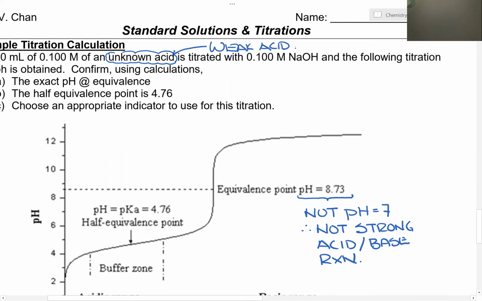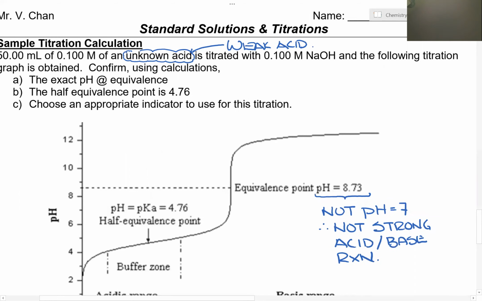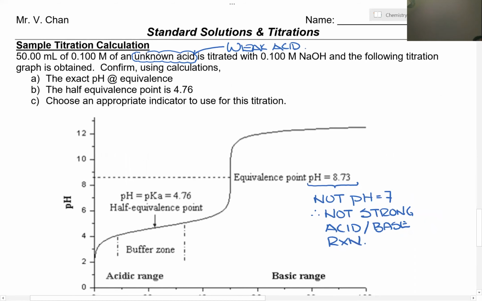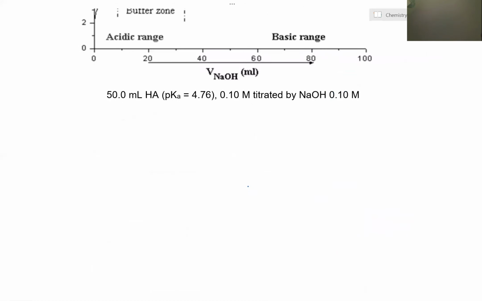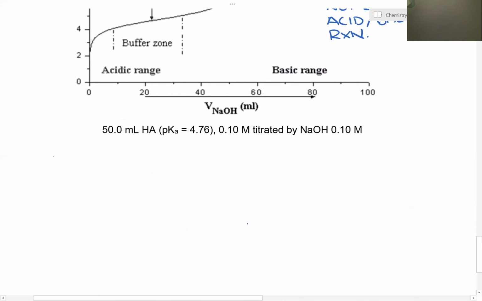And because there is one equivalence point, it's a monoprotic acid. So the first step is, let's write out the equation here. We would have HA plus NaOH giving you H2O and NaA.